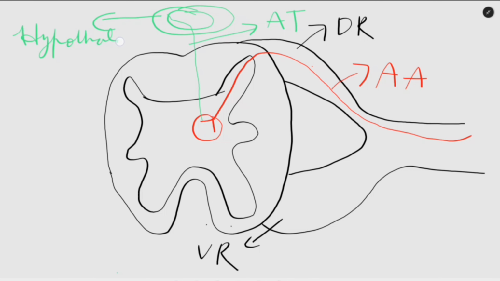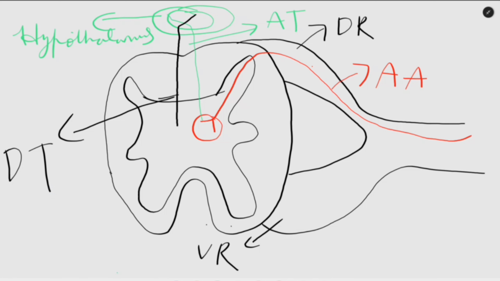Once this center receives the information, it will process it and prepare a motor response, which is brought back by the descending tract, and this descending tract ends up in the grey matter of the spinal cord. From here, the autonomic efferents carry the motor information to the organs supplied by it.